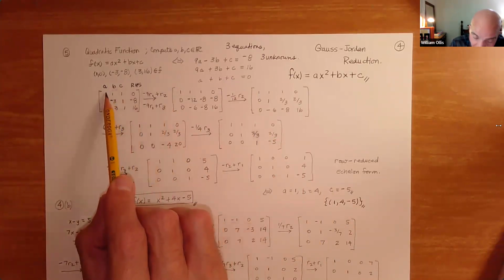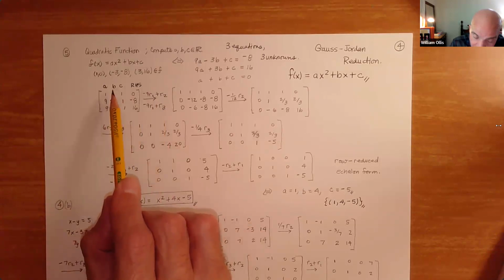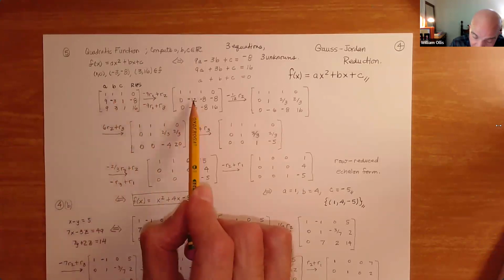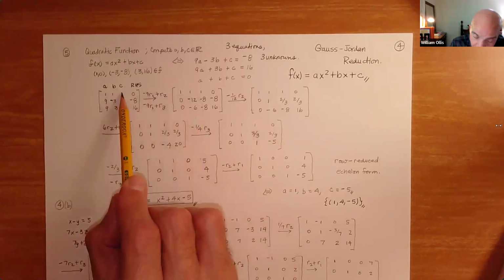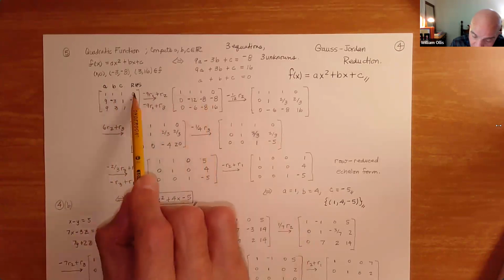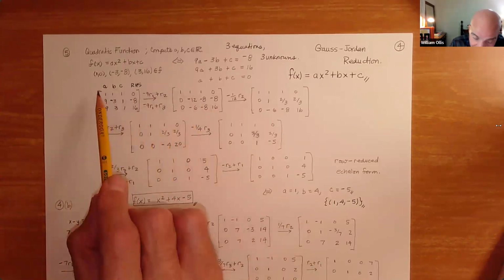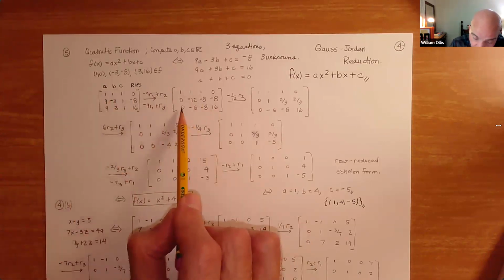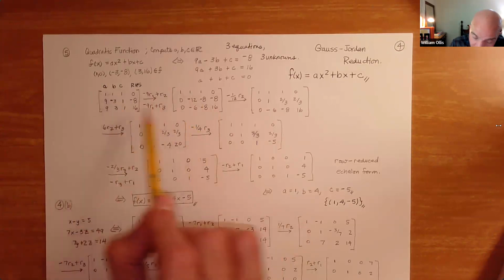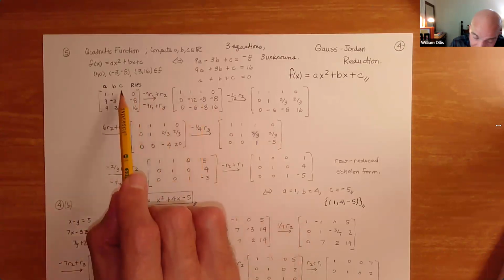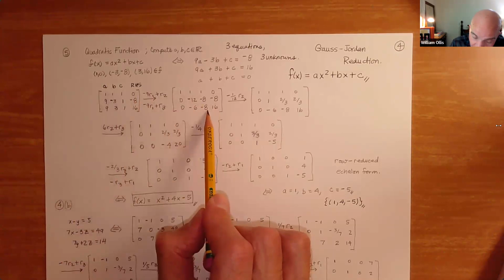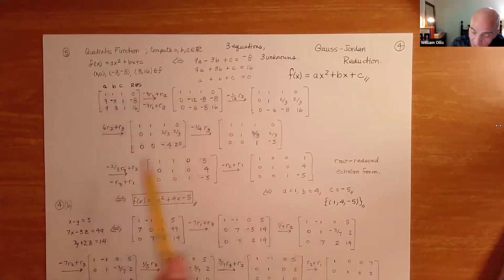So again, -9 plus 9 is 0. -9 plus -3 is -12. -9 plus 1 is -8. And of course, the 0 doesn't change anything. Now let's do the -9 again. -9 plus 9 is 0. -9 plus 3 is -6. -9 plus 1 is -8. And of course, the 0 doesn't change anything.